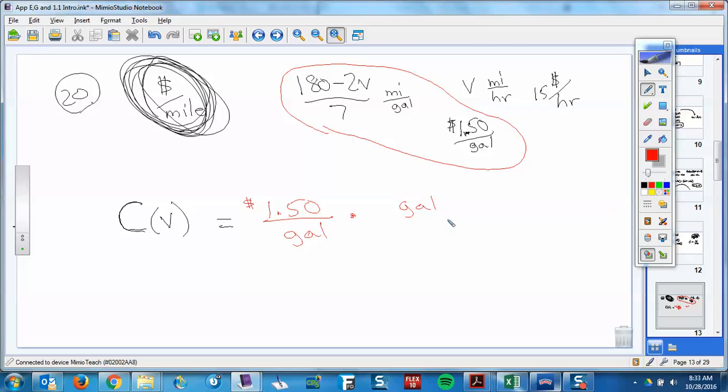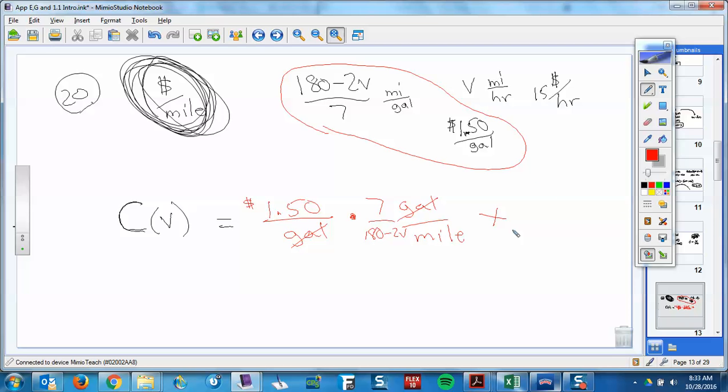Well, I'm going to want gallons to cancel, right? Well, how can I get gallons over miles? How about I invert that? Right there. Won't that give me dollars per mile? That's for the car. The gas was $1.50 a gallon, and it gets this many miles per gallon. So all I have to do is invert that, right? And that'd be dollars per mile.